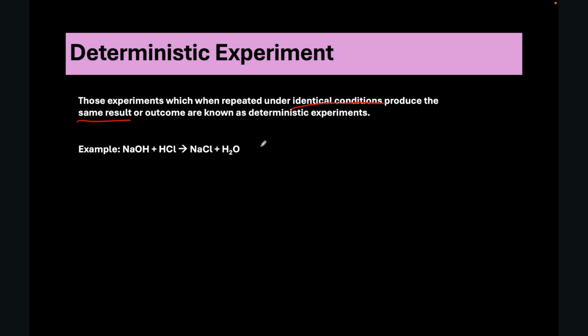This is an example from a chemistry class. You have sodium hydroxide and hydrochloric acid, and it's going to give you sodium chloride, which is your table salt. No matter how many times you do this reaction, whenever you do it, you're going to get sodium chloride regardless. You know this is for certain.